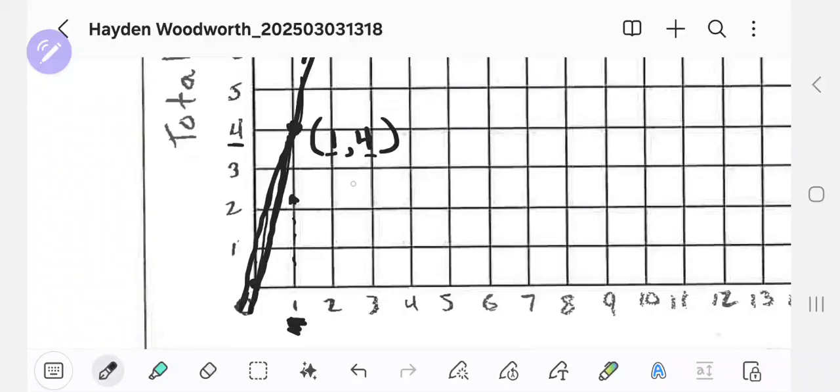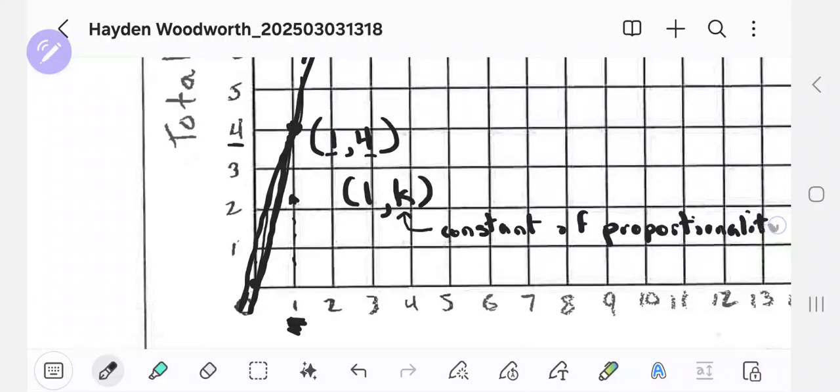So this is a special point, 1, k. And k represents our constant of proportionality. Constant of, oh, sorry, I didn't say it correctly. Constant of proportionality. Gotta sound smart when you say that word.